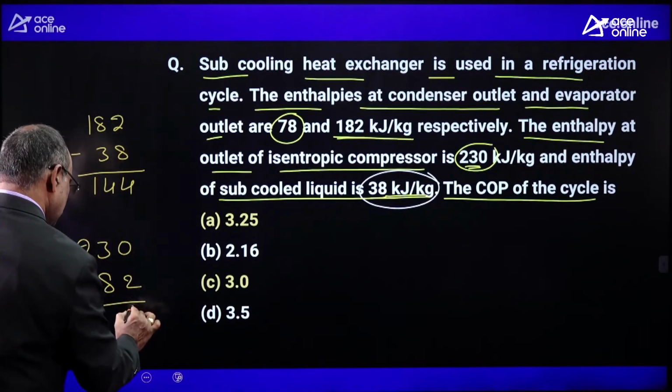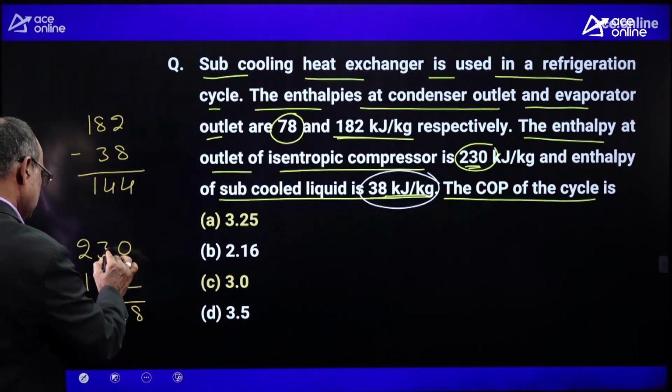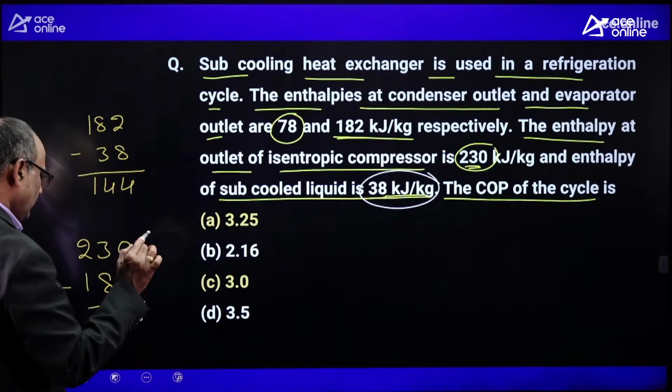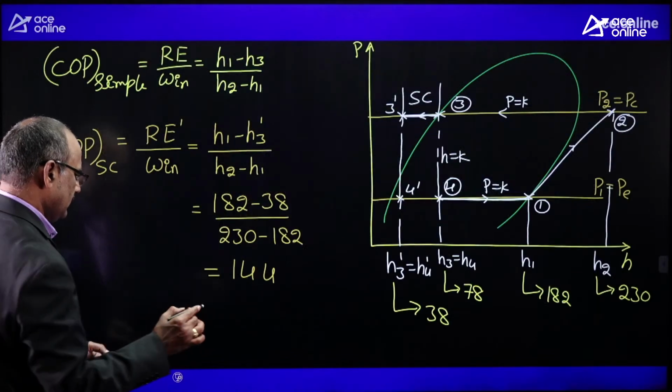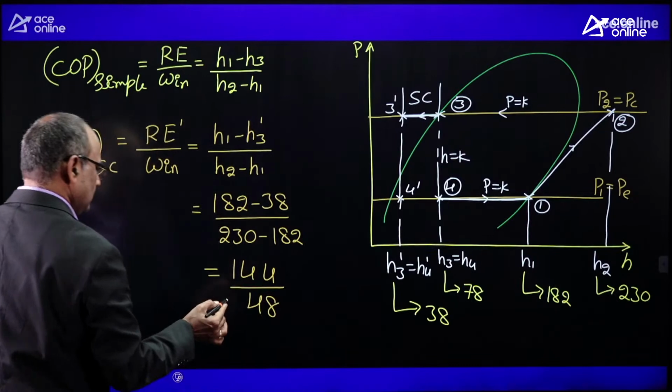Yes, it is 48. You simplify this value. This is the answer.